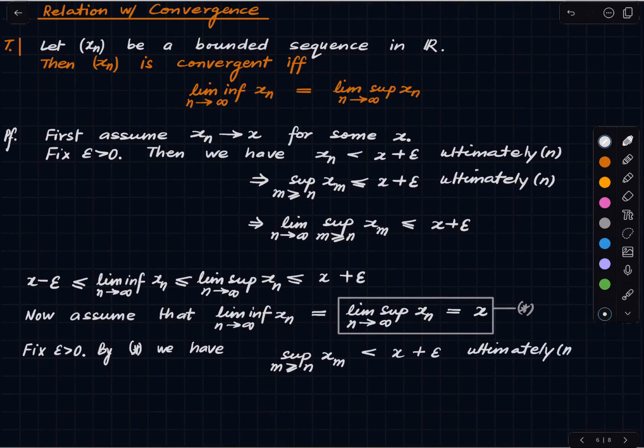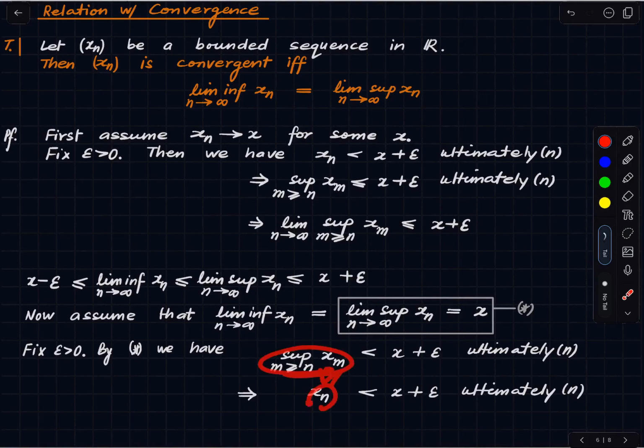Why? Because what does star mean? Star means that this sequence, as you vary n, converges to x, right? So this happens ultimately. Which implies in particular that xn is less than x plus epsilon ultimately, because this number dominates xn.